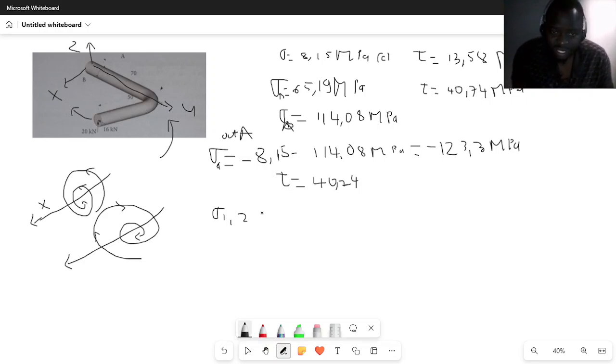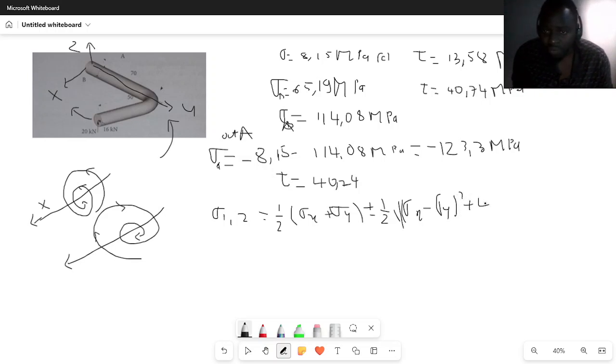Okay, the formula says it is half, the general formula from the textbook, half of rho x plus rho y, plus minus half of the square root of rho x minus rho y, everything squared, plus 4 times shear stress xy squared.